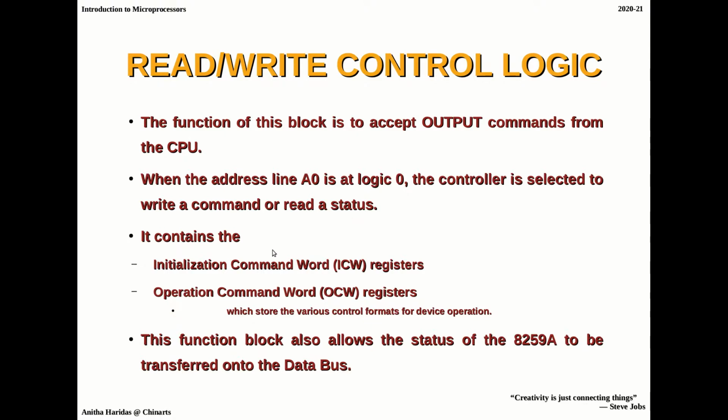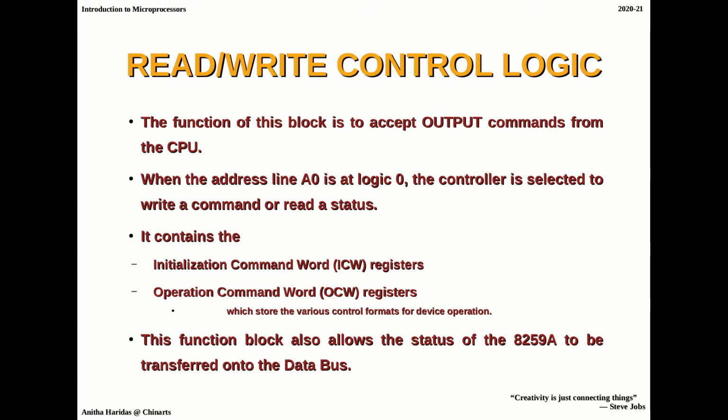The read-write control logic will contain these two registers, the initialization command word register and the operation command word register, and they will store the various control formats for the device operation. Initialization, we have already seen, ICW is used for setting all the priority conditions, everything will be set in the initialization command word register.